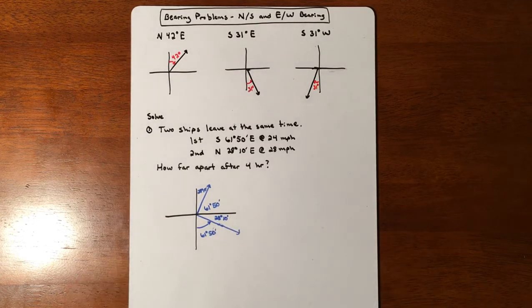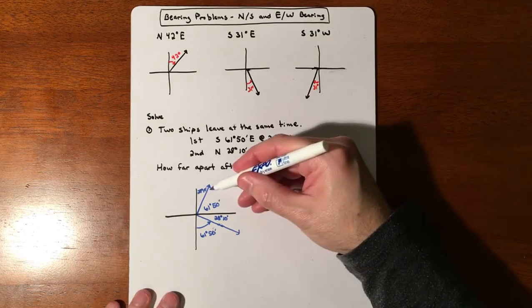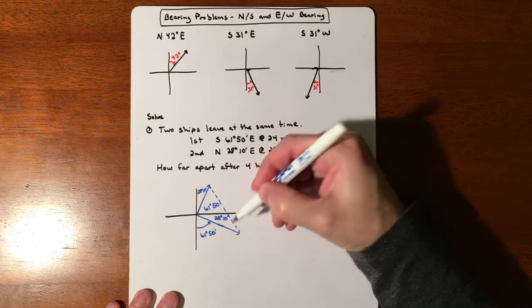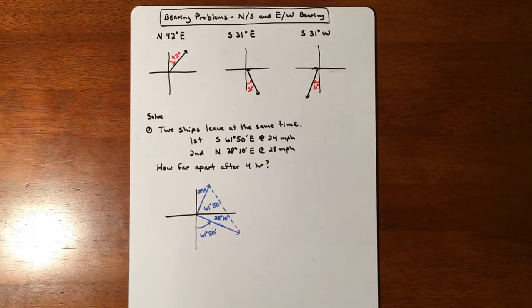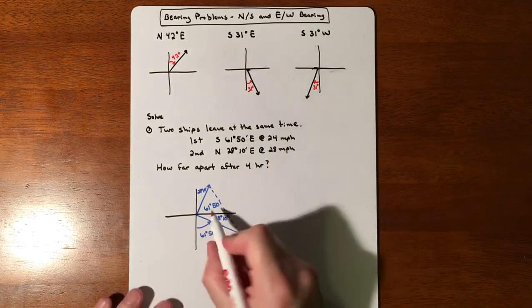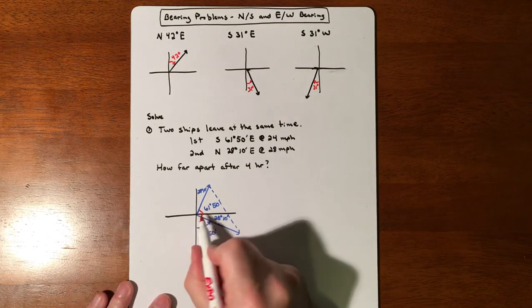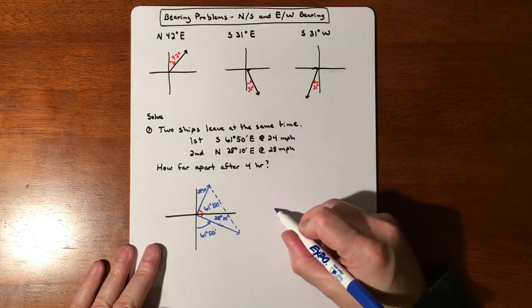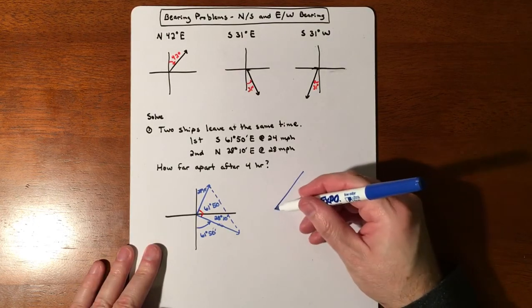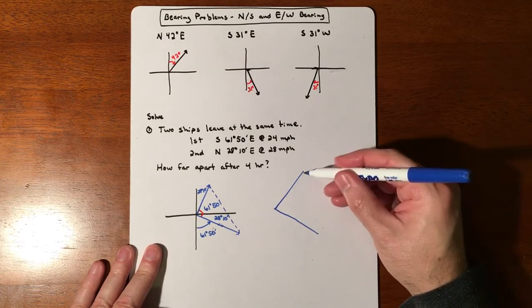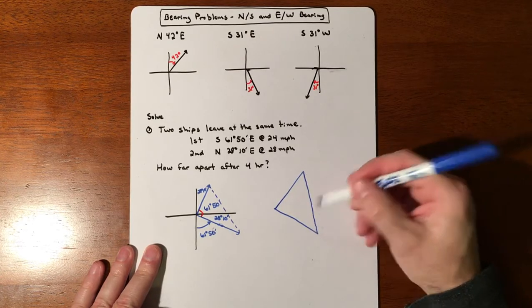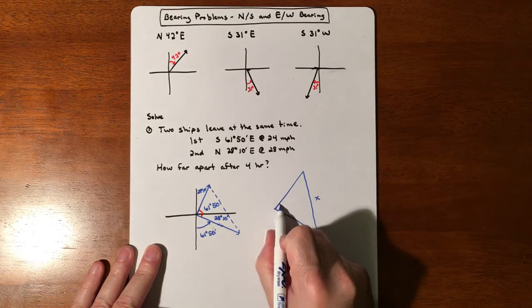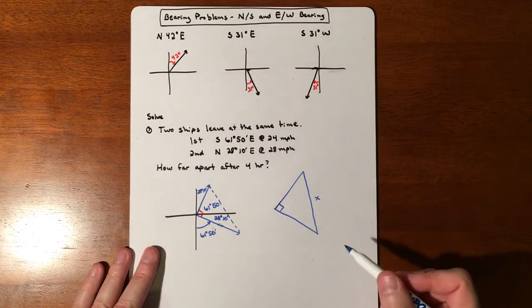Now the great news is we're looking to see how far apart they are after 4 hours. Well, these two angles add together to make a 90. So that's perfect. So our triangle is something along these lines, and we're looking for that value right there. And this is a right angle.